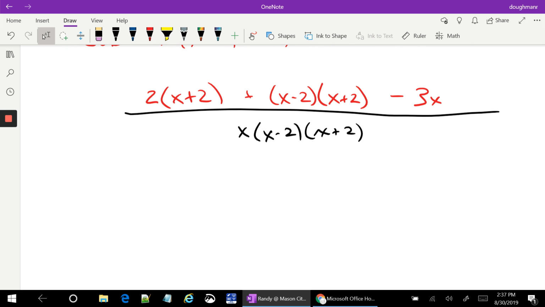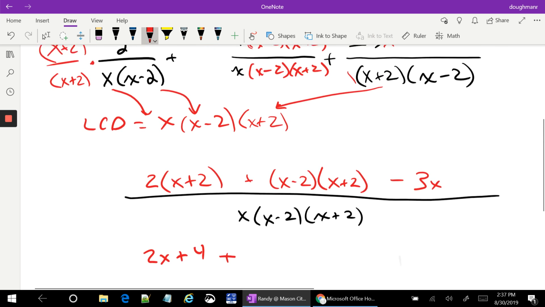All right, if I have a common denominator in each term, I can simply add the numerators and leave my common denominator. Now I want to expand and see, once I expand, which of these terms I can combine. So now the numerator becomes 2x plus 4 plus x minus 2 times x plus 2.